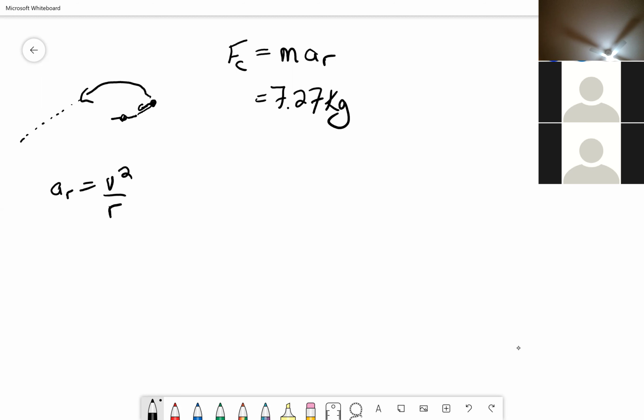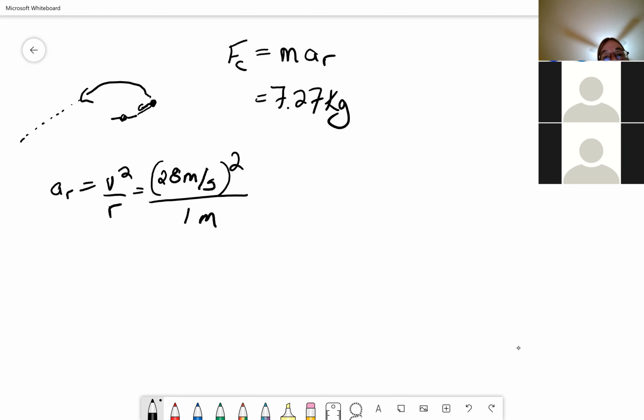We have a 1 meter wire. So at the point of release, v, the linear velocity, is 28 meters per second. That's all going to be squared, all divided by 1 meter. Once this is all done, we're going to have meter squared divided by second squared, and one of the meters will cancel, so we'll be left with meters per second squared.